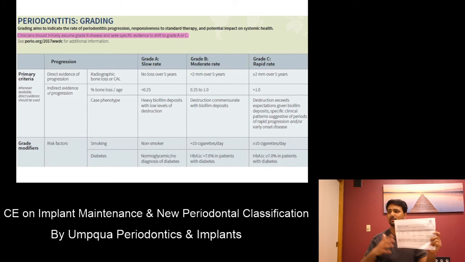But this framework, or this whole classification system, has been designed to be robust and dynamic, so that if later on research points out other systemic conditions that can increase the susceptibility or progression of the disease, then we can add them to this classification system. But at present, smoking and diabetes are the only two grade modifiers, and we're going to talk more about that too.